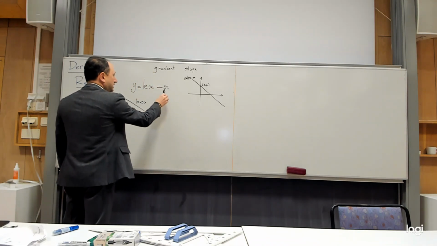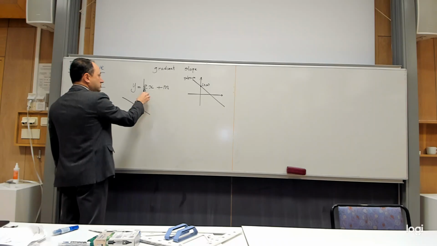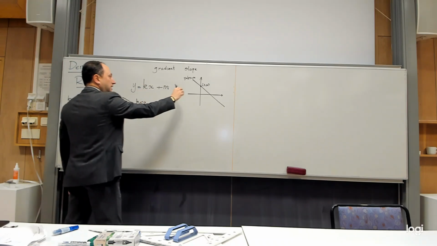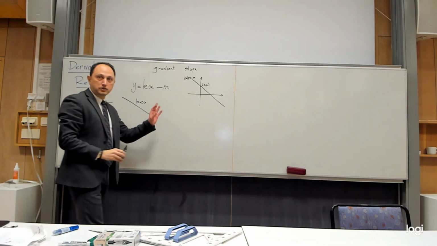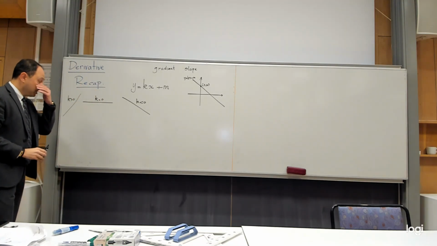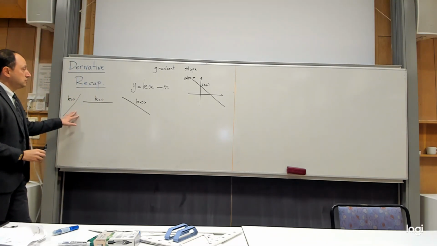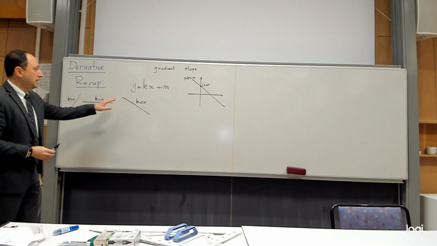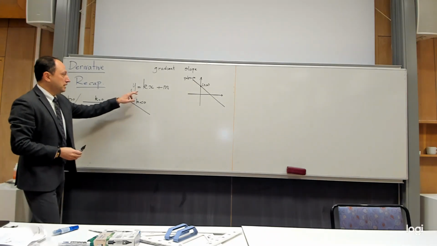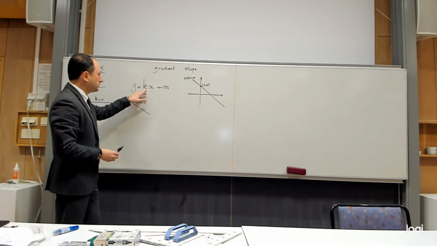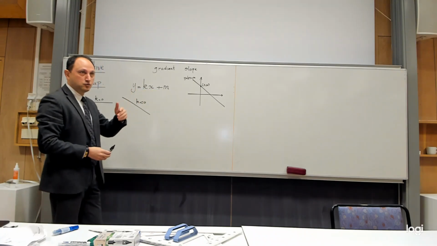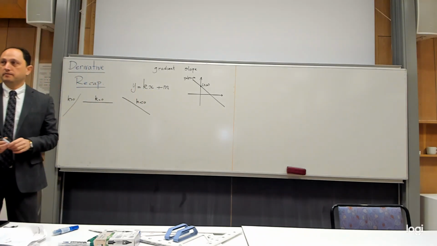But if I keep m the same and start changing k, the line will start rotating because the slope will change. So all the lines that you are interested in, you can find from this formula by choosing appropriate values for k and m, except one category of lines.